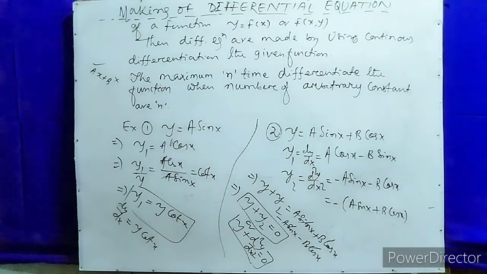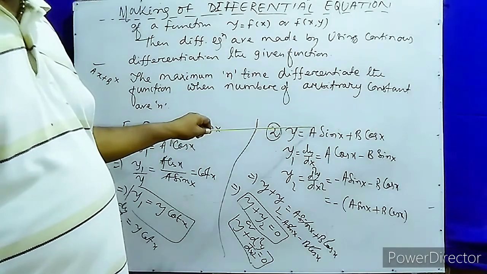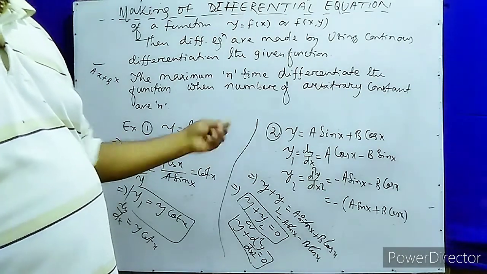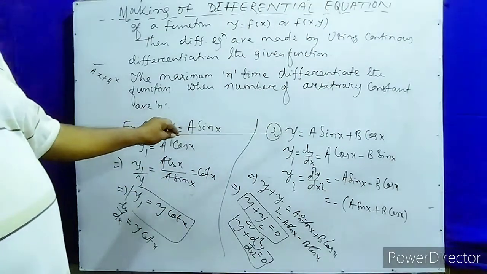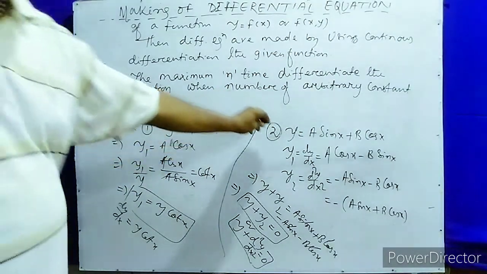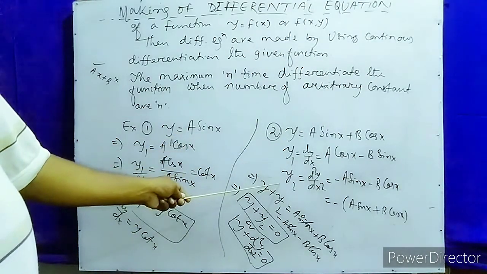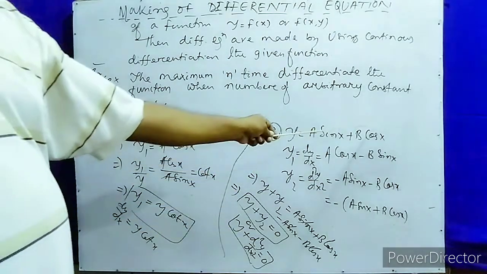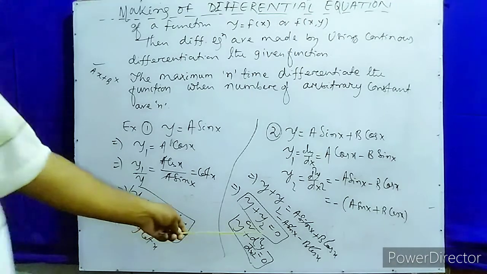So now, how do we eliminate a and b completely? Adding these, here a sin x and here minus a sin x, when you add these two, everything completely vanishes. B cos x minus b cos x. So when y is added to y2, y plus y2 is equal to a sin x minus a sin x, which cancels, b cos x minus b cos x, which cancels, and on the right hand side 0.